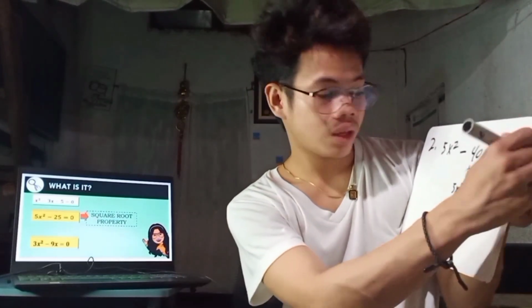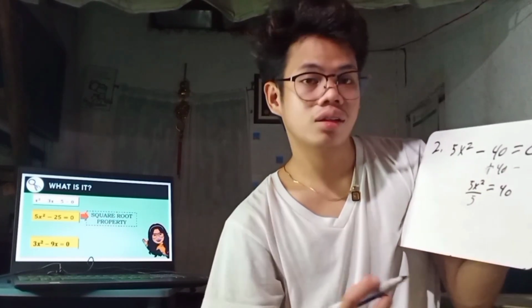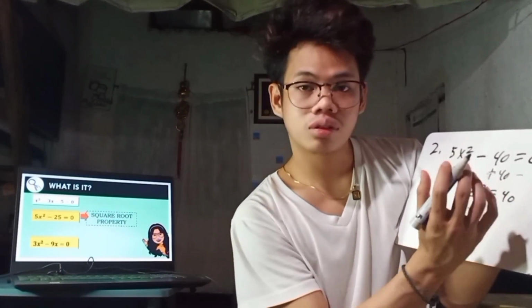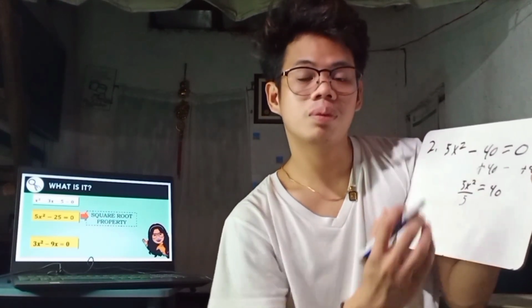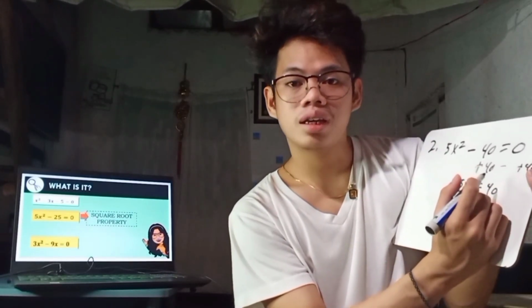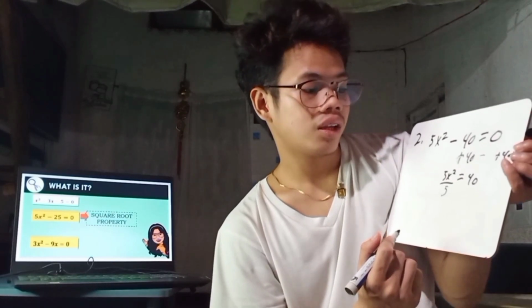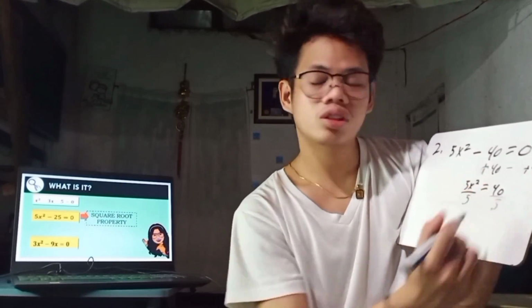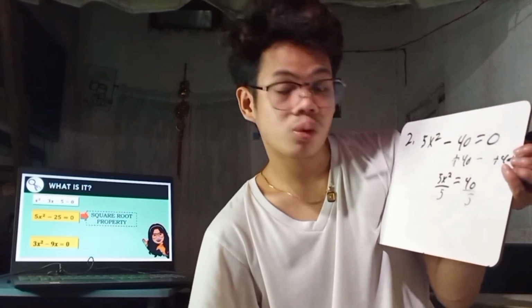So it will become 5x squared over 5, and we will apply the multiplication property of equality to both sides. We have to multiply it by 1 over 5. So it will become 5x squared over 5 and also 40 over 5. So it's almost the same as dividing both sides by 5.